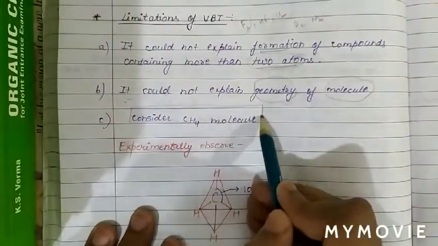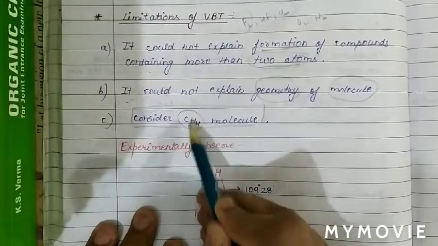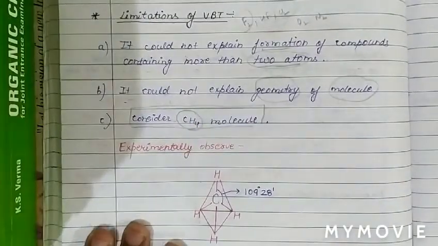One of the major drawbacks arises if the molecule contains more than 2 atoms, like the CH4 molecule.